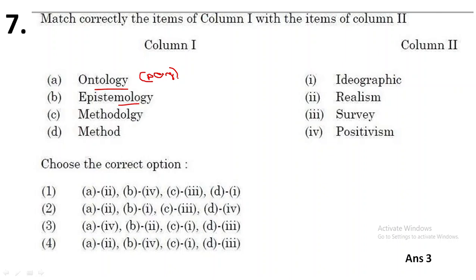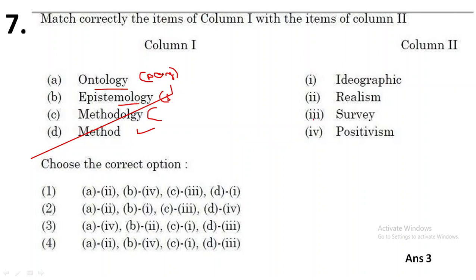It is about being, right? Everything realistic, everything about nature. Epistemology is about knowledge, the study of knowledge. Then methodology and method: method is the tools, and methodology is the overall analysis of these tools. So we have to match them.